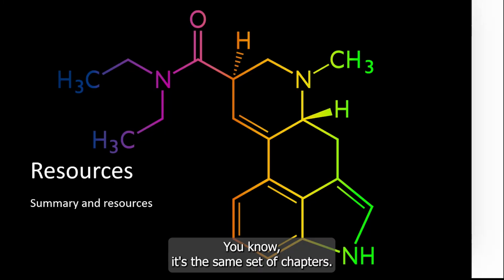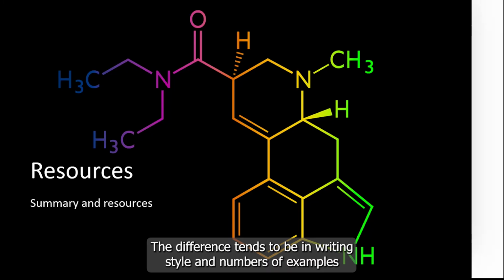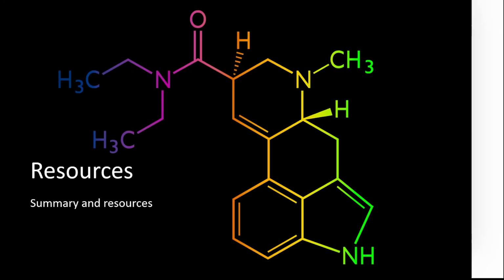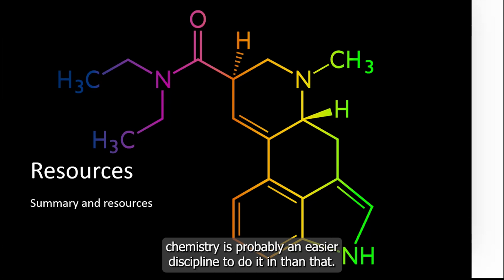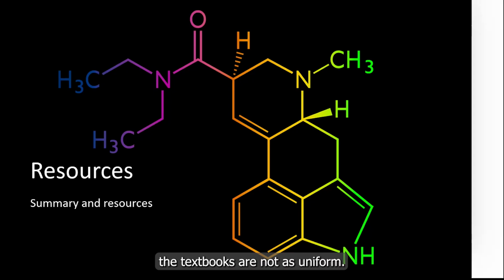It's the same set of chapters, and most of the stuff is in the same order. The difference tends to be in writing style and the numbers of examples and worked problems. Changing textbooks is work, but I think chemistry is probably an easier discipline to do it in than at least some of the areas of biology that I've looked at, where the textbooks are not as uniform.